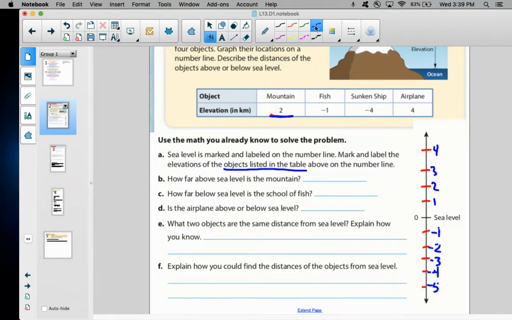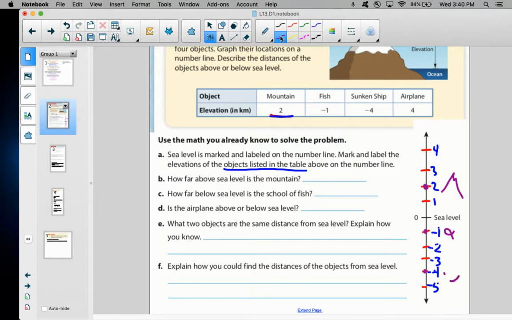So where is the mountain? So I'm going to use a different color here. So my mountain is going to be at 2. I'll just draw a little picture there for kicks. My fish is swimming here at -1. So here's my little fishy. My sunken ship is lower into the ocean at -4.